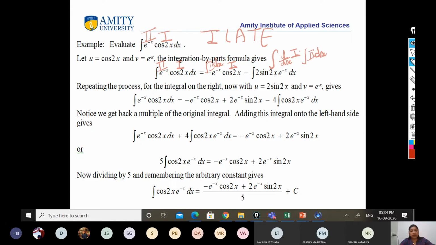So solve it, repeating the process for the integral on the right.